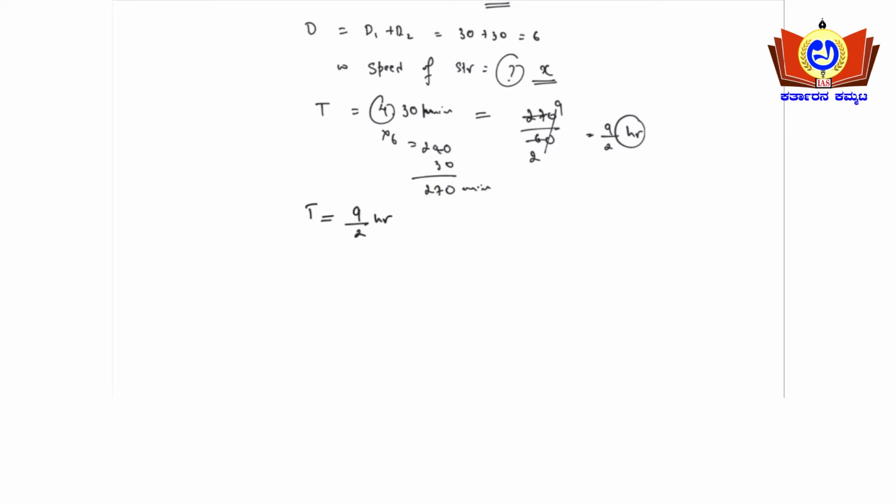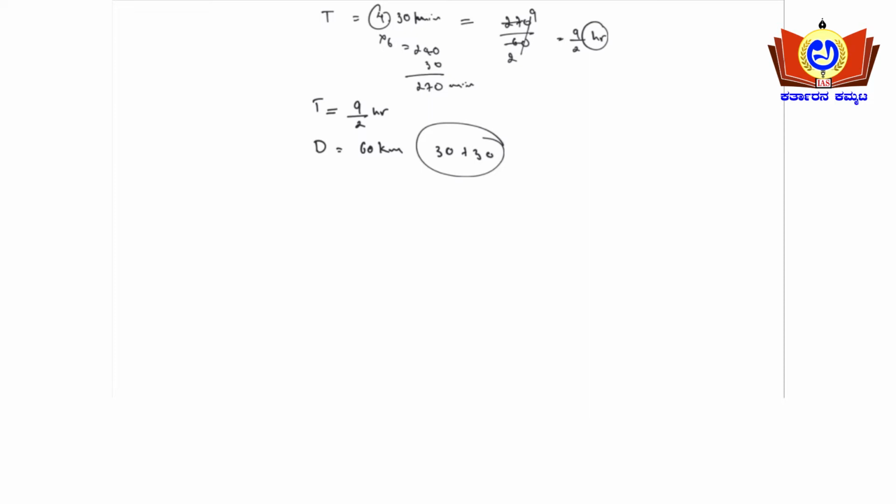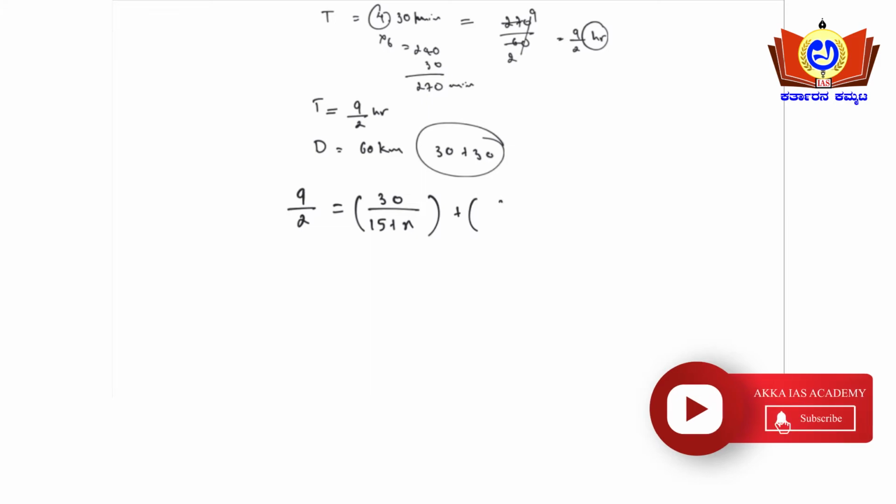A motorboat goes up and down, so total distance will be 60 kilometers. That is 30 plus 30, right? Now the second method, what I told you in the previous problem, I'll be substituting here. So 9 by 2 will be equal to 30 by 15 plus x and 30 divided by 15 minus x.